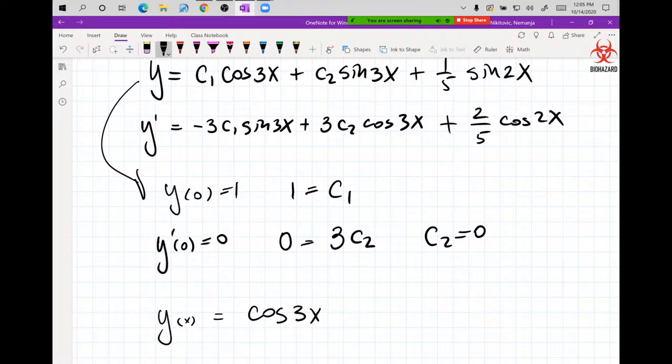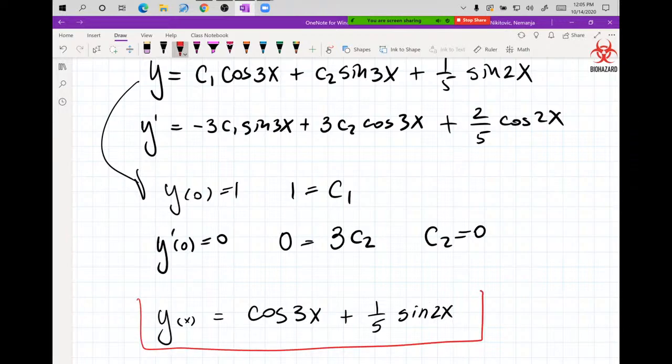C2 is 0, so that term dies. And then you just have plus 1/5 sine 2x. And that is the solution, with C1 and C2 calculated. Ta-da! Welcome to Undetermined Coefficients.